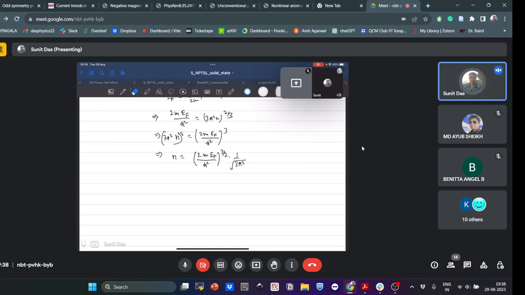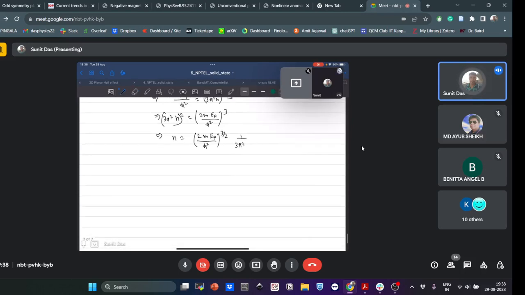So there will not be any square root here. So we just need to put these values.